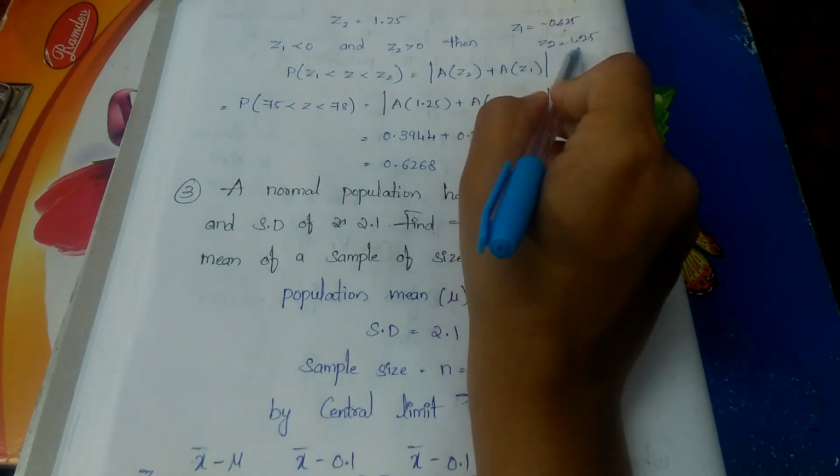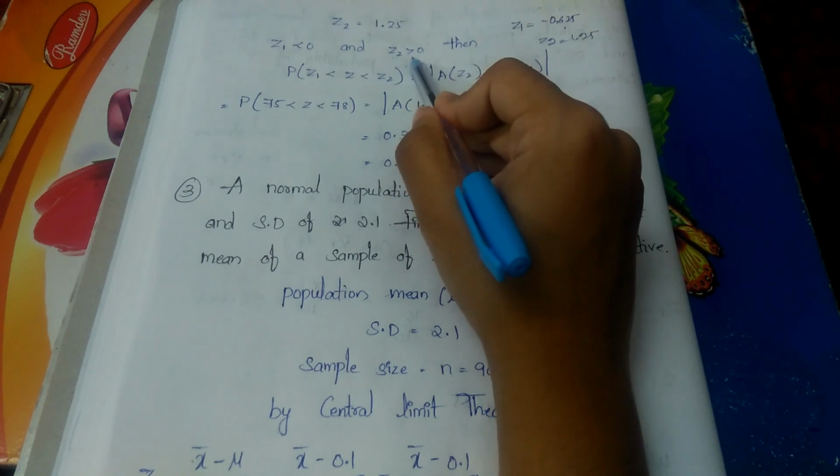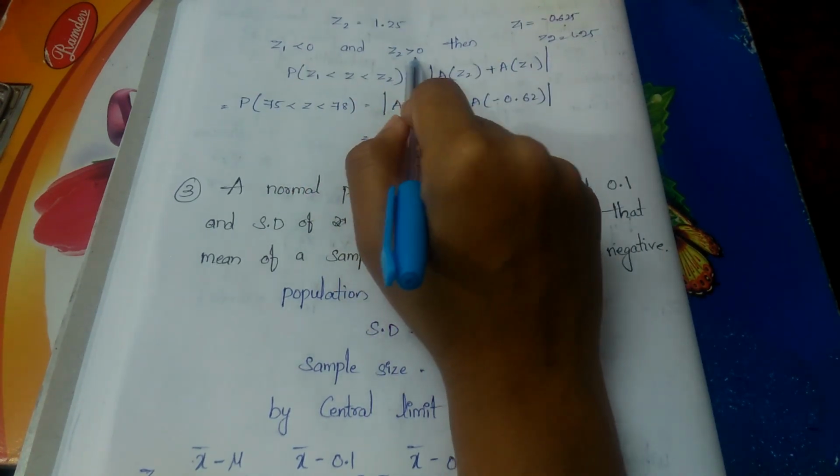And the z2 value I got is a positive 1.25, nothing but a positive value, so z2 is greater than 0. Now z1 is less than 0 and z2 is greater than 0.